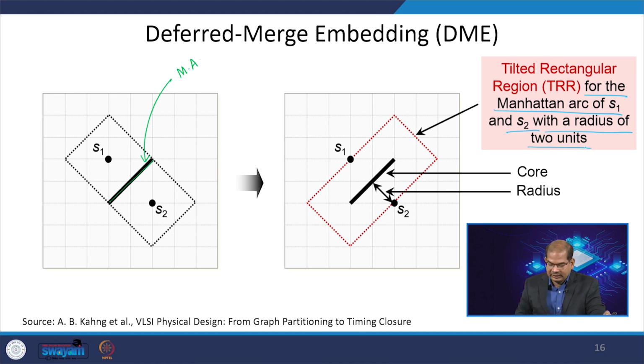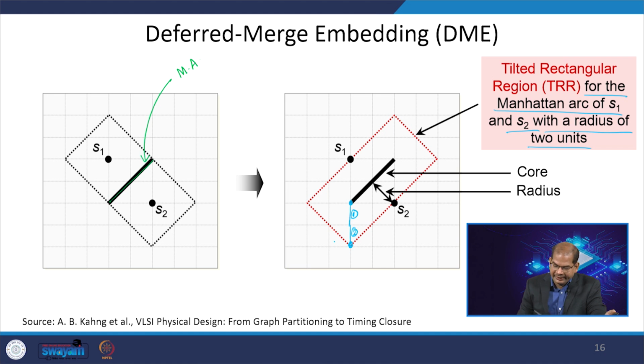This tilted rectangular region is 2 units from the Manhattan arc. If you can see here, this is one of the points on the Manhattan arc and this is another point in the TRR. The distance is one grid, and this is another grid.